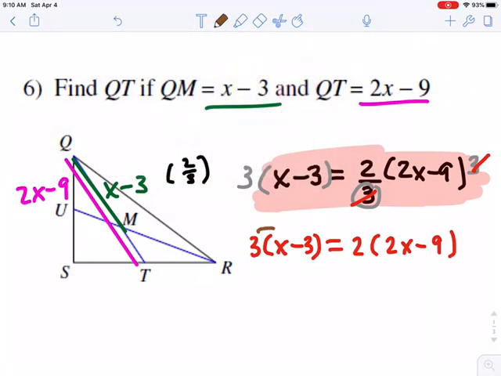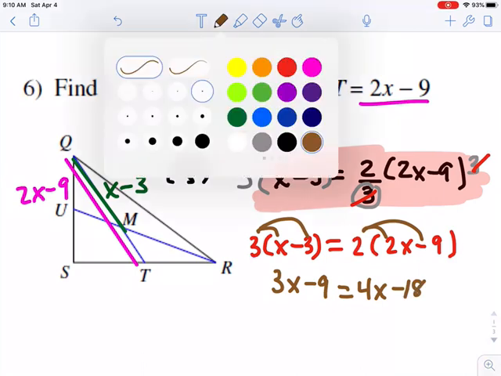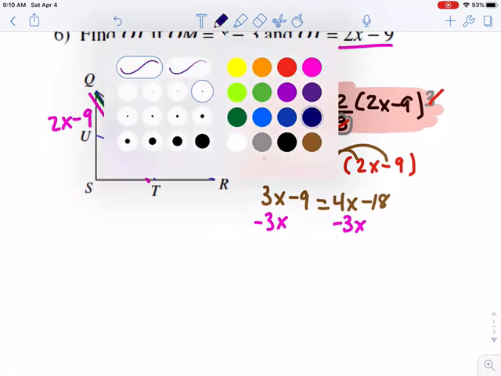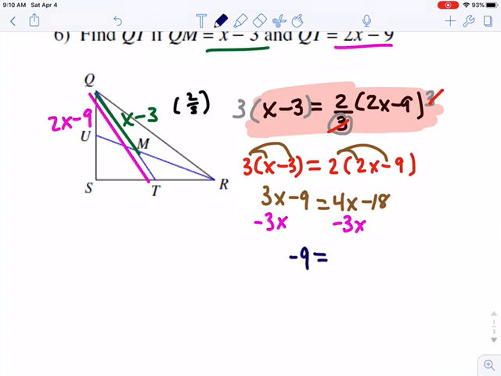You guys have the skills and ability just to distribute. We get 3x minus 9 equals 4x minus 18. Subtract 3x from both sides. We're going to get negative 9 equals x minus 18. Add 18 to both sides, and 9 equals x.